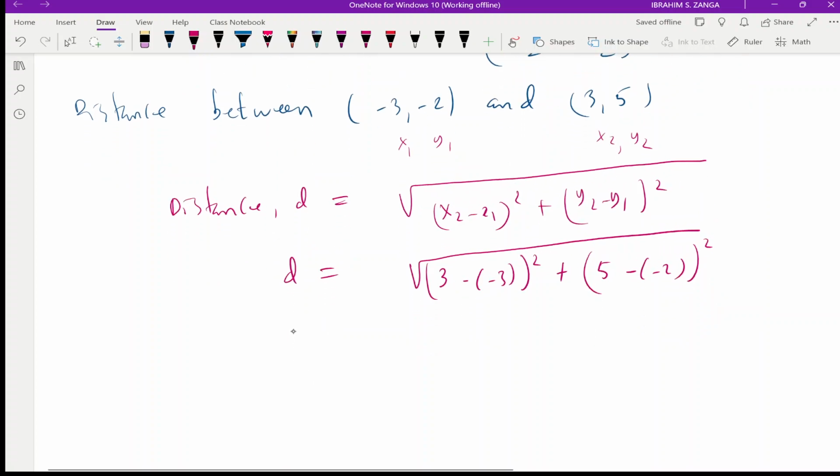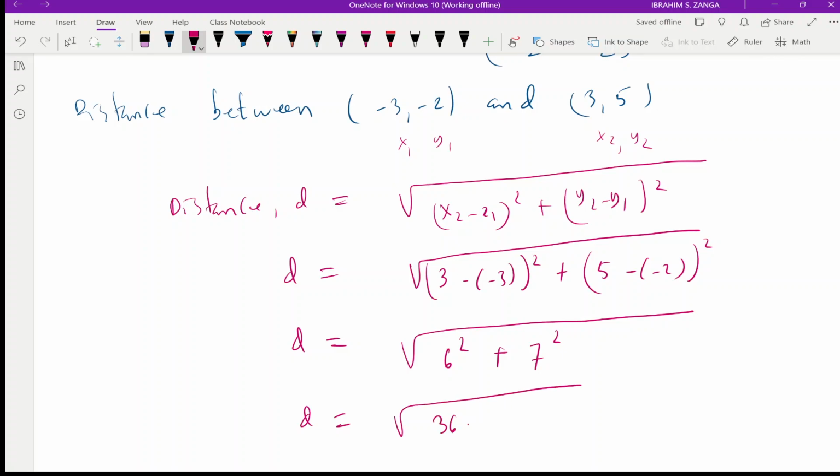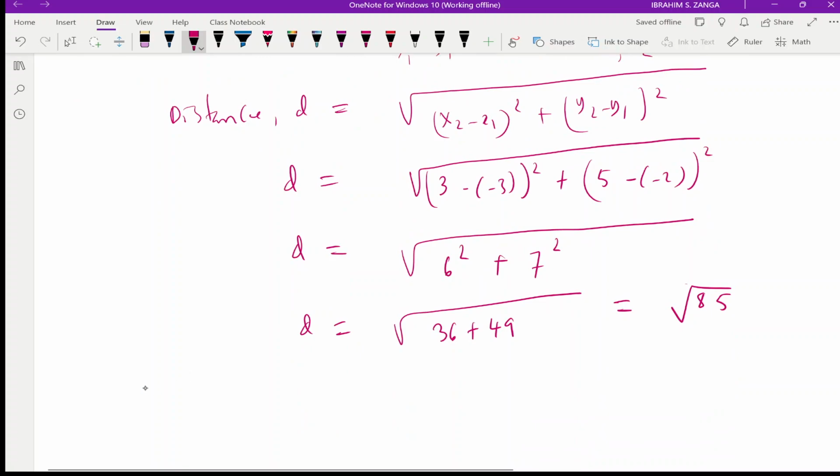So dear students, distance d will be equal to the square root of 3 plus 3, which is 6 squared, plus 5 plus 2, which is 7 squared. So we add these values, 36 plus 49. Adding them, 6 plus 9 you get 5, 3 plus 4 you get 7, and we carried 1, so it is 85. So the distance is the square root of 85, dear students.